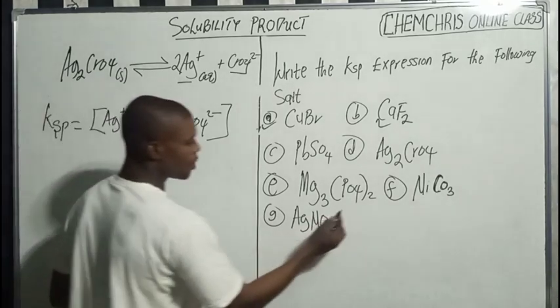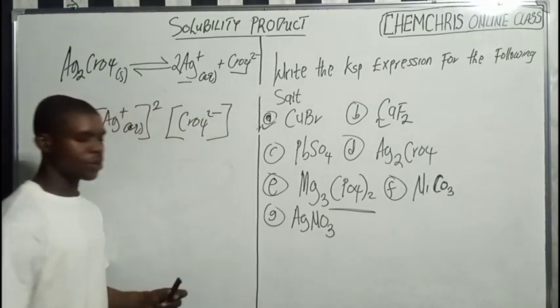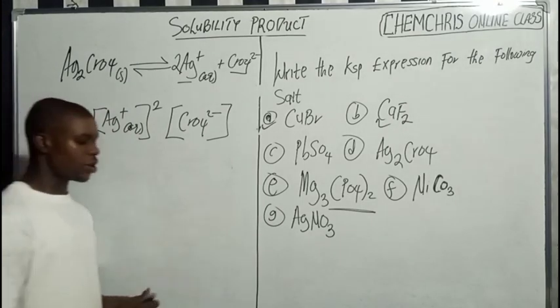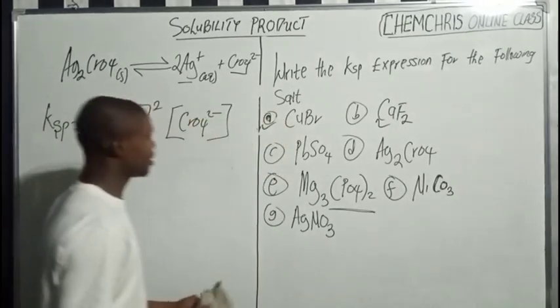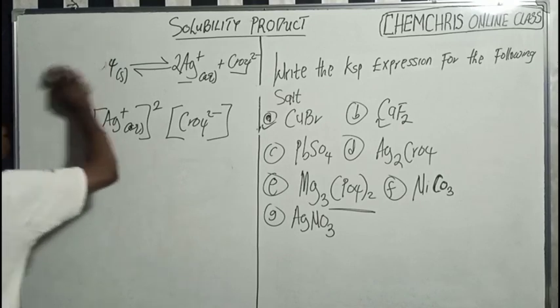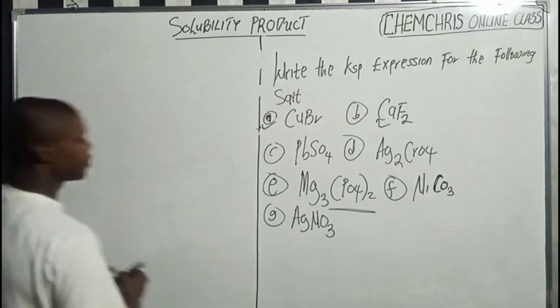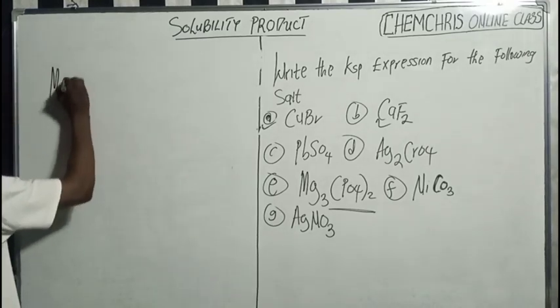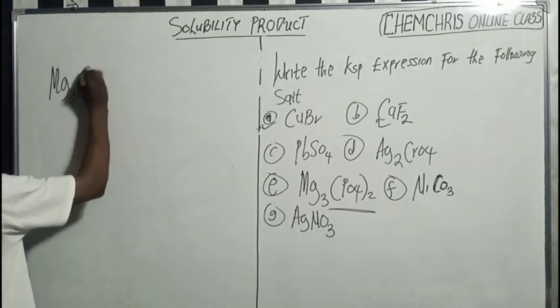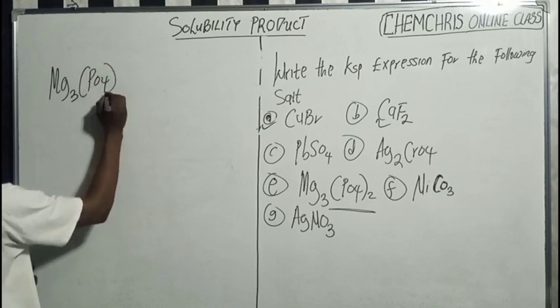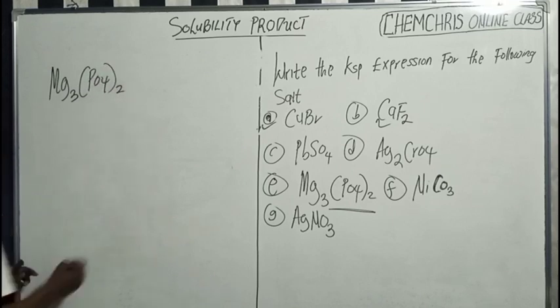This one will make us understand better. So let's look at part E. Here we have Mg3(PO4)2.